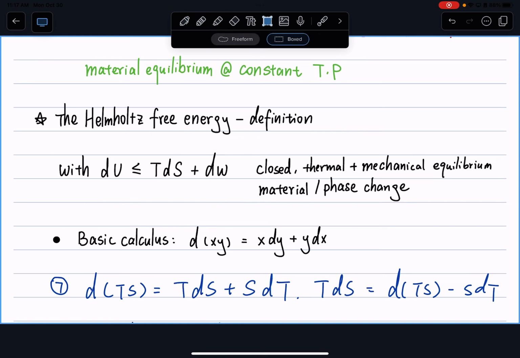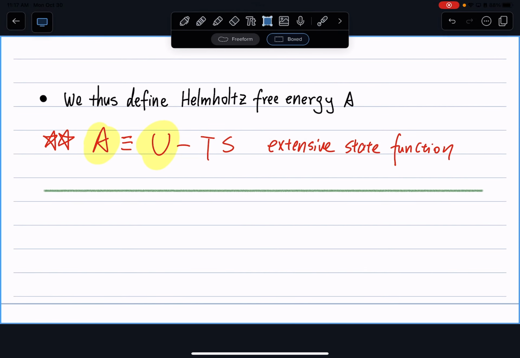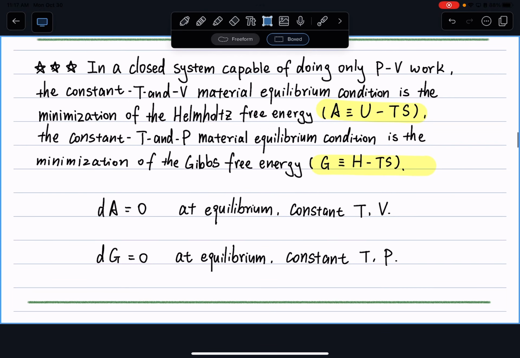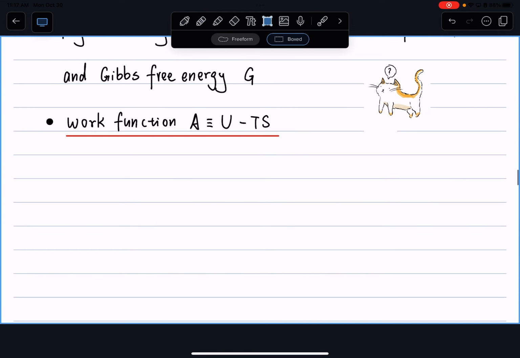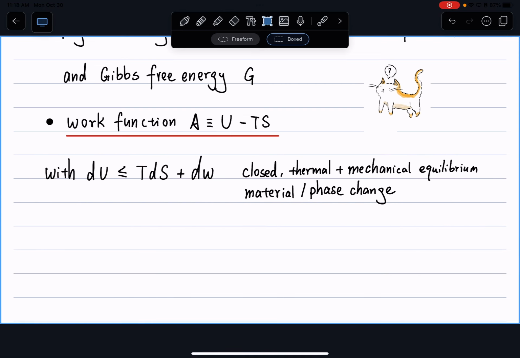We're talking about delta U is always smaller than or equal to T delta S plus dW for a closed system in thermal and mechanical equilibrium with material and phase changes. We went over the derivation to get A is by definition U minus TS, and we went over that equals 0 for something at equilibrium with only PV work. So let me just copy paste that down. So that's where we start.